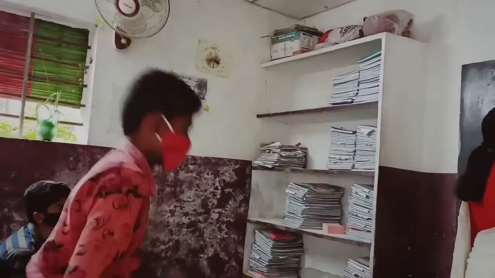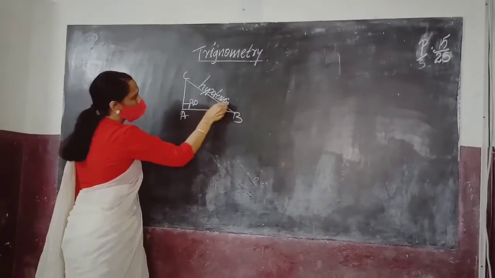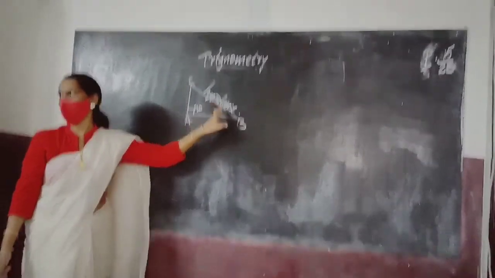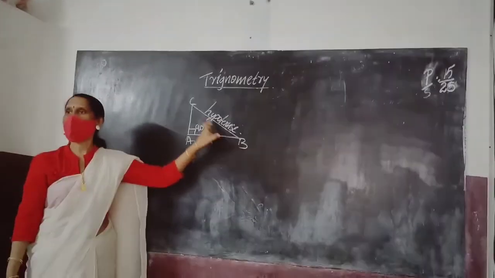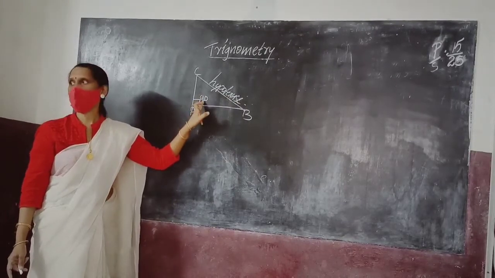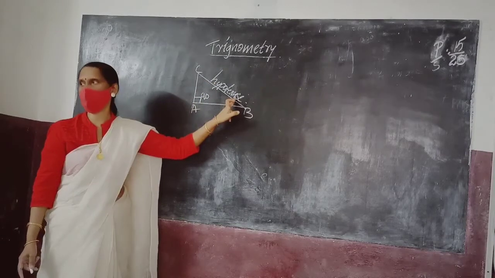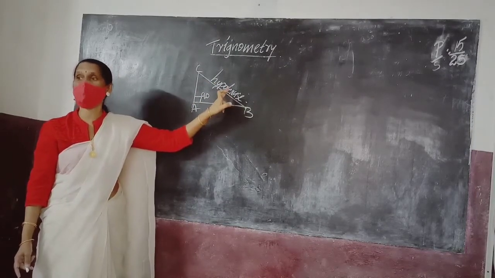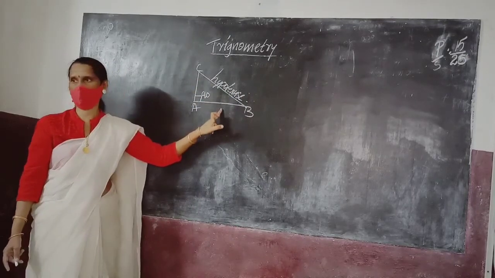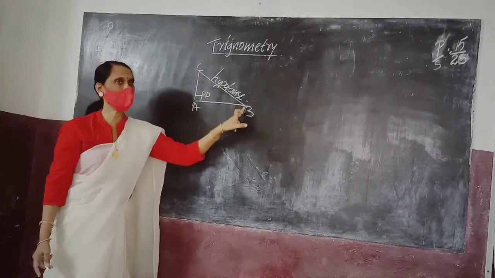So this side, which is opposite to the right angle, is known as the hypotenuse. The side opposite to the 90 degree angle is always the biggest side. Hypotenuse is always bigger than the other two sides. The other two sides are AC and AB.